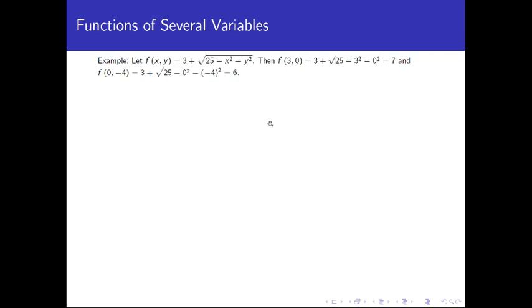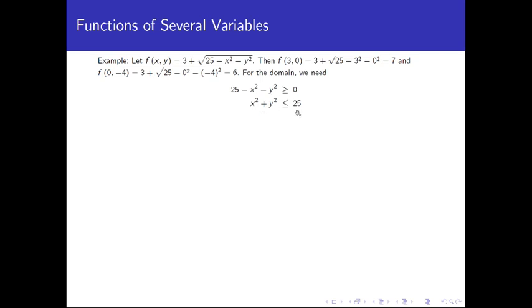Let's consider the domain. We consider the same type of domain issues for functions of several variables as we do for functions of a single variable. In this case, we have a square root. Issues with square roots arise when you try to take the square root of a negative number. So for the domain, we need to make sure that what's underneath the radical is greater than or equal to 0.